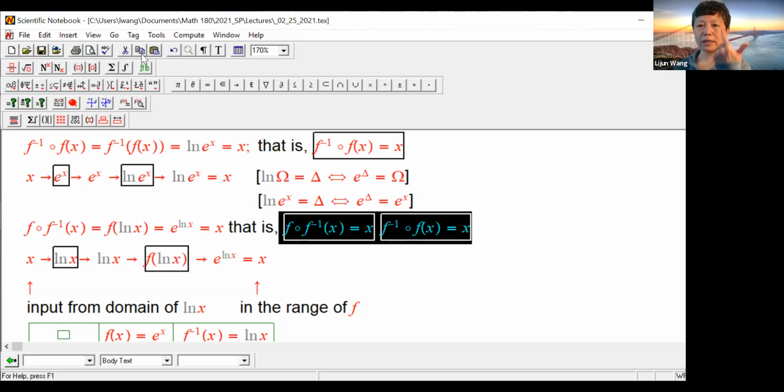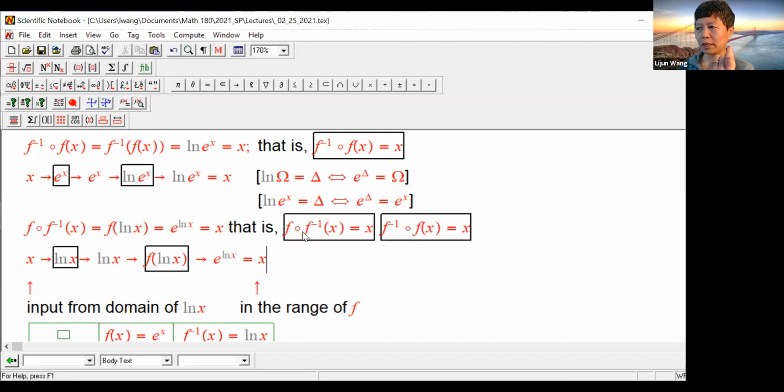A function and its inverse. One's domain is the other's range, and vice versa. And you go through these compositions, whichever order you do. This x is from the domain of the inverse function. This x is from the domain of the f function.